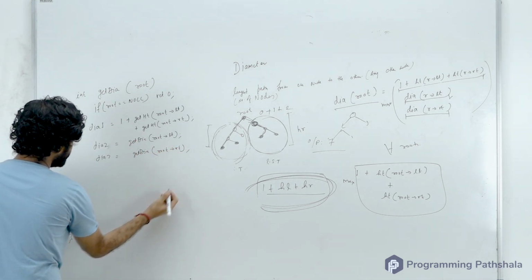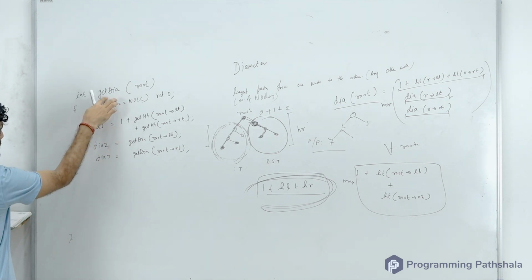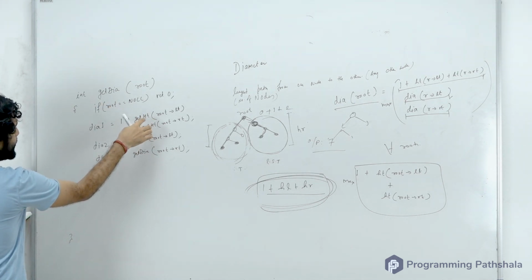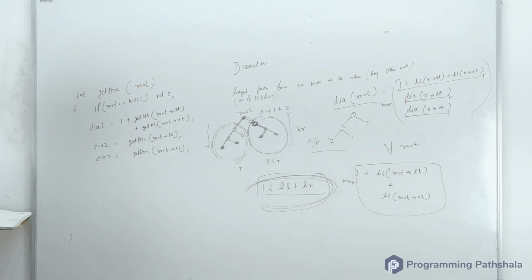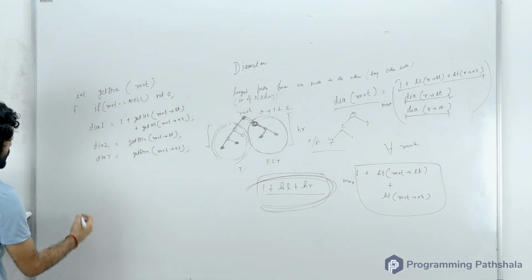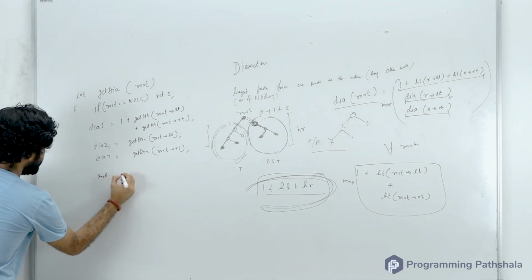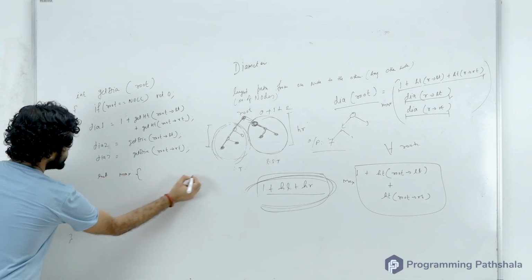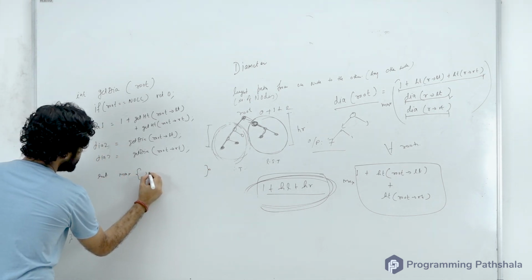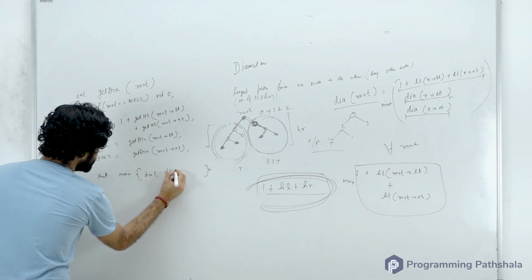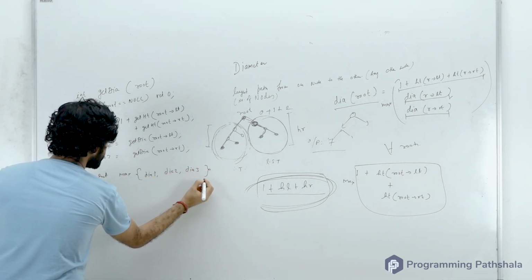Now observe carefully, these two are recursive calls, but this is not a recursive call, this is just calling a separate function. And then what should you return from here? Your overall diameter should simply be max of these 3 things, which are dia 1, dia 2 and dia 3.